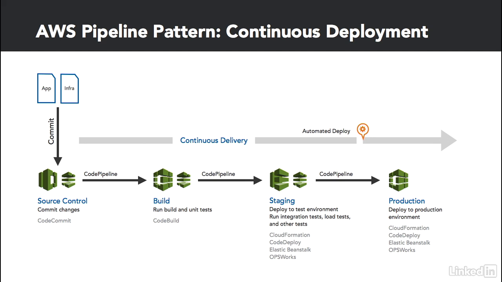Once they passed, then the next stage would be your staging area. And there are a number of tools that can be associated with the staging phase. These are CloudFormation, your service templates, CodeDeploy, Elastic Beanstalk if you're doing managed compute, either on virtual machines, EC2 instances, or Docker containers, or OpsWorks.